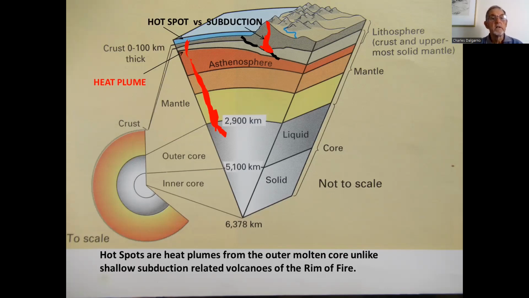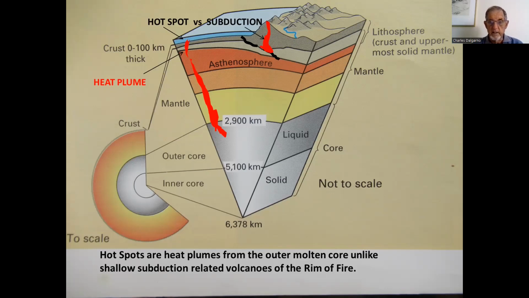In contrast, subduction volcanism is due to an oceanic plate descending under the frequently continent, but maybe also under another ocean plate, giving rise to either a volcanic arc in mountains on continent or an oceanic volcanic arc where ocean plate meets ocean plate. And so there's a distinct difference between the hotspot volcano and the subduction-derived volcanic features that surround the Pacific, for example, in the Ring of Fire.